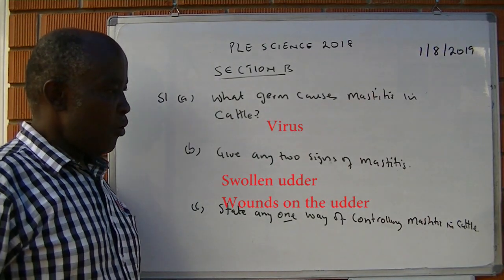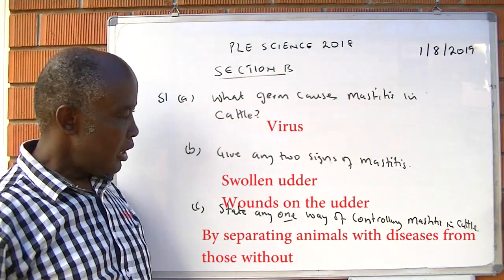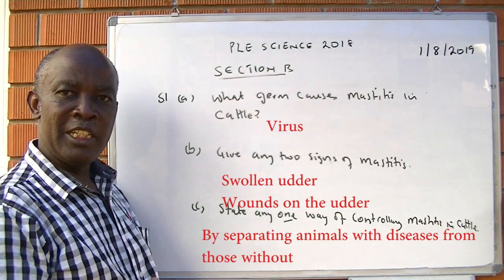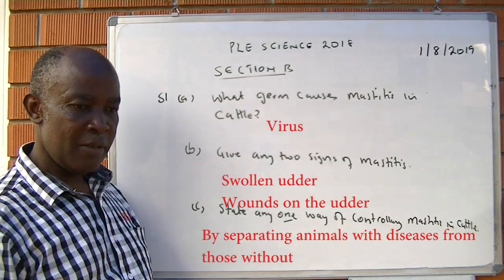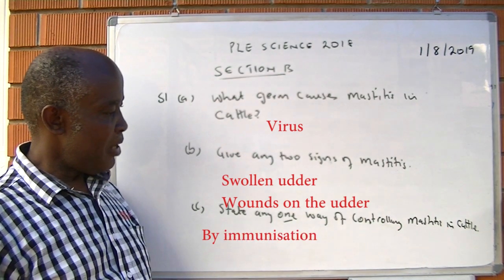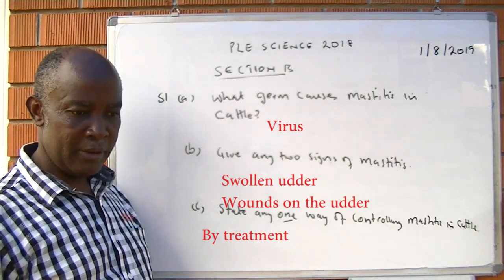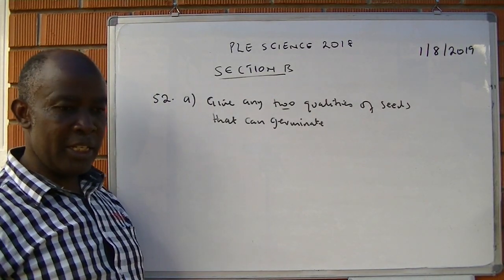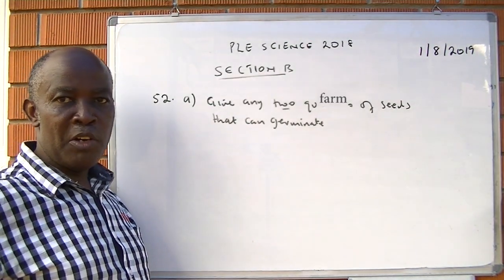State any one way of controlling mastitis in cattle: by separating animals with diseases from those without diseases, by immunization, by treatment. Give any two qualities of seeds that can germinate. They are healthy, they are well dried.